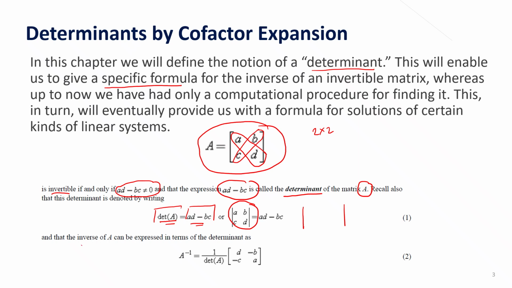And to calculate the inverse, represented by this notation, you calculate 1 over the determinant of the matrix multiplied by the matrix whose entries have been interchanged.